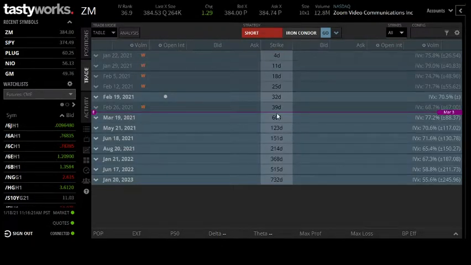Or you can roll it, which is a whole other advanced thing. So close it at 21 days till expiration and look to re-roll it.